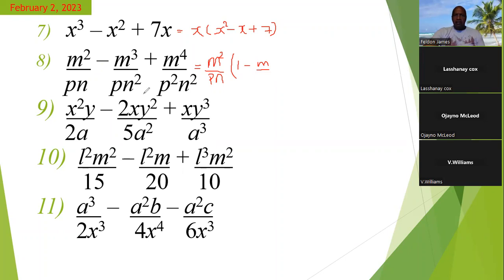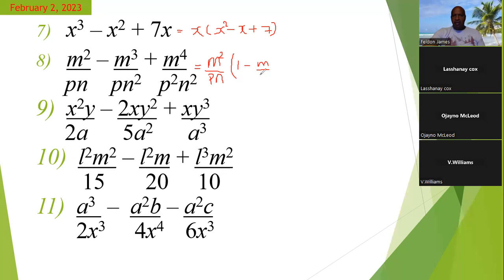Okay, I guess you're not following me. Remember you have m cubed over pn squared. Yes, sir, that's for the second term. So remember, you now have to divide this pn squared by pn. So what do you get from that? Oh, I got m squared n, sir. n, right? So this will be m over n.